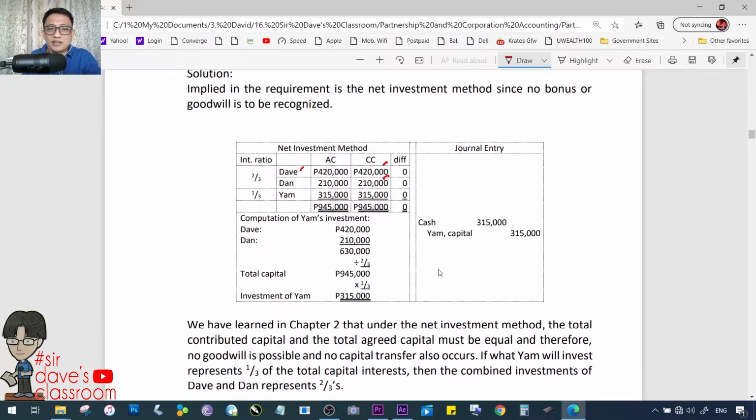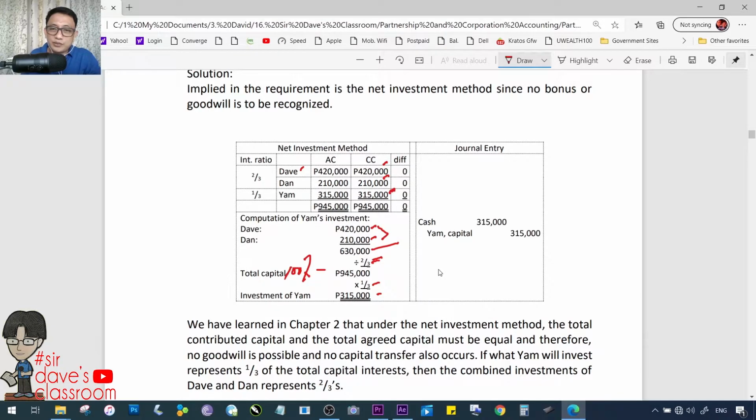So, ibig sabihin yan, class, if the investment in the form of their capital balances that Dave and Dan will give, 420, 210, 630 represents 2/3 necessarily, since Yam's investment represents 1/3, ibig sabihin nun 2/3 talaga yung kay Dave tsaka kay Dan. So 630 divided by its own percentage brings you back to the 100%. So the total must be 945,000 times 1/3, 315. So kung 315 yan, yun yung investment ni Yam dito, sana nagigets mo.